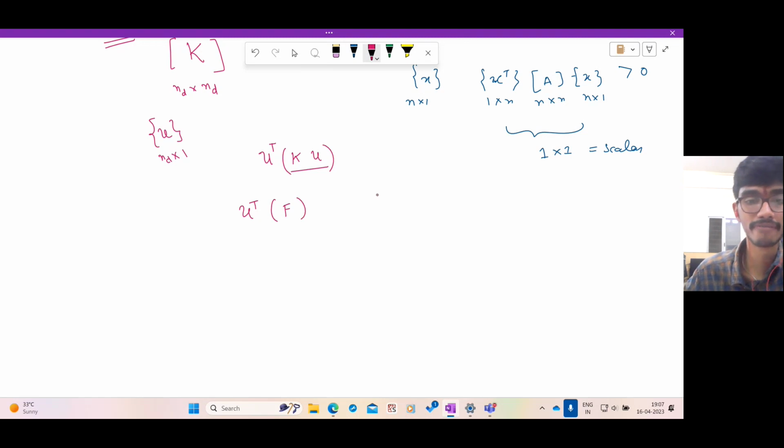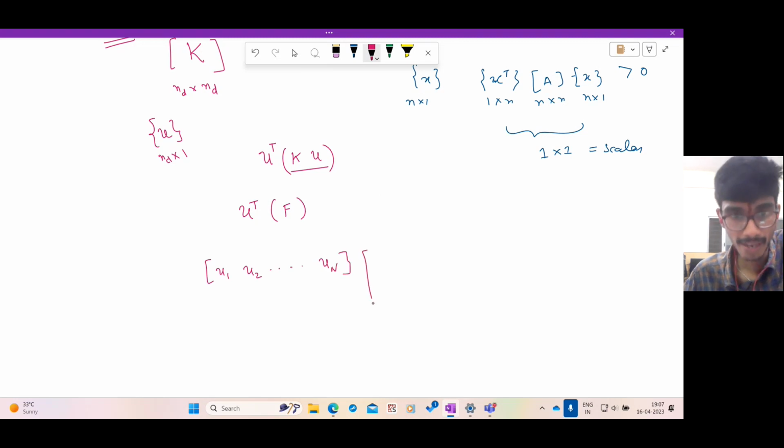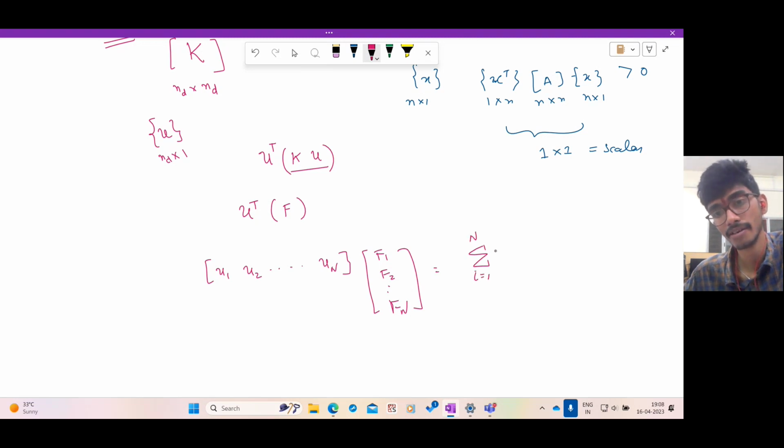So U transpose F is what? You have U1, U2, and so on up to UN, and you have F1, F2, and so on up to Fn. So this is basically nothing but summation i going from 1 to n of ui fi. So u1 f1 plus u2 f2 plus u3 f3, you get one scalar value.